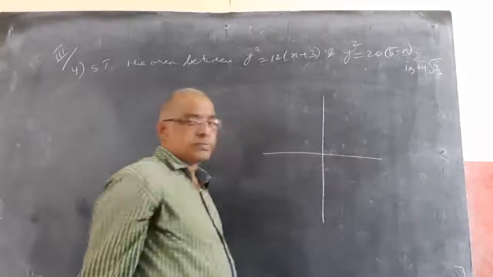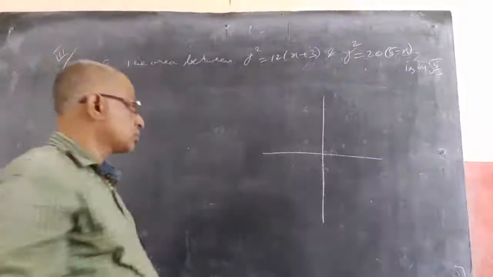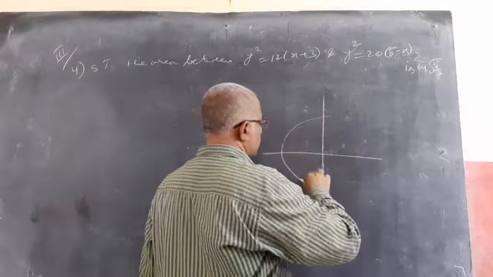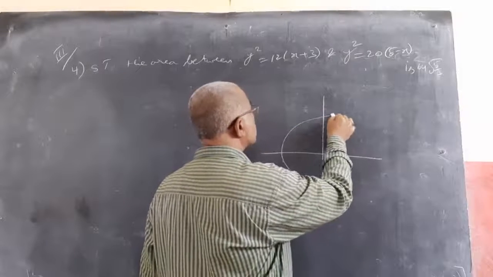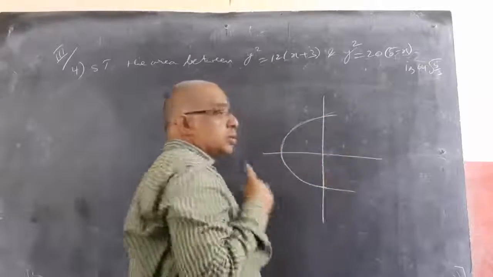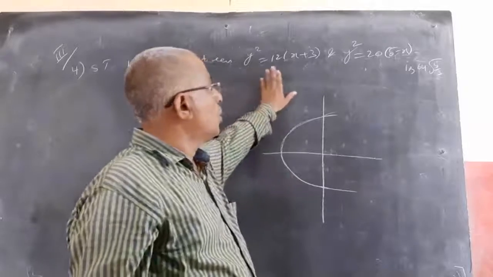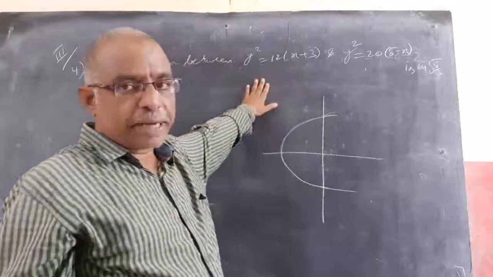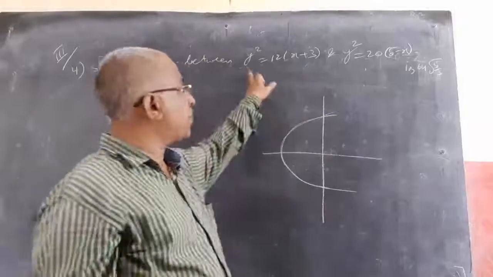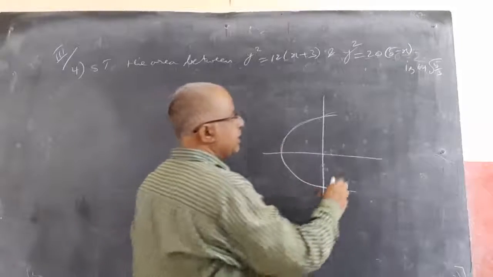y square equal to 12 into x plus 3 is a curved parabola, symmetric with x-axis, and passing through 0 comma minus 3, the vertex. So this is 0 comma minus 3.